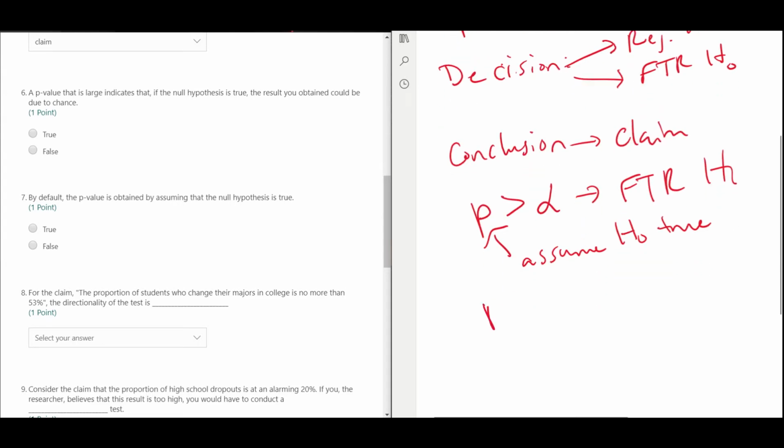For example, if I got a p-value of 0.05, this means that if the null hypothesis is true, the probability of getting that result or more extreme is 5%. So if I'm failing to reject the H0, the result I obtained could be due to chance, and therefore we fail to reject.